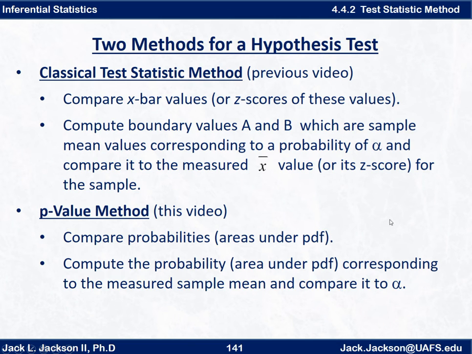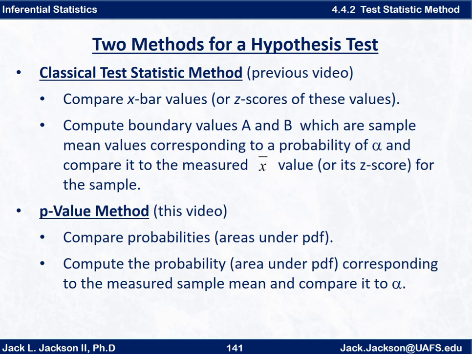So if you remember, in the classical test statistics method that we covered in the previous video, we computed x-bar values, or actually finally we did it with z-scores of these values, and we computed boundary A and B values, which are either sample mean values or actually the z-scores of those sample mean values, corresponding to critical points which corresponded to critical regions of the graph.